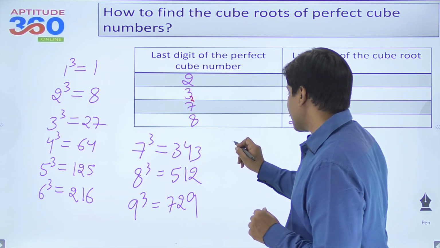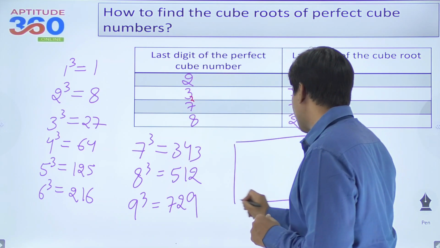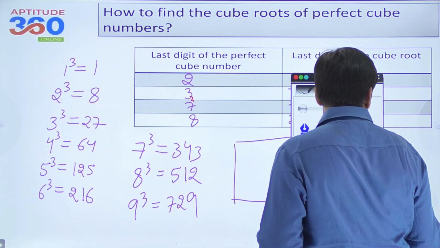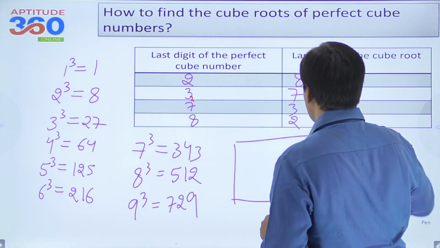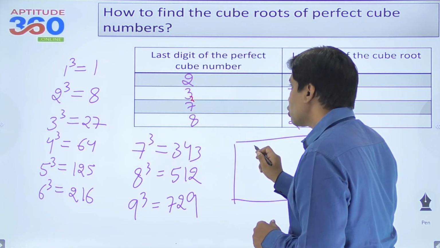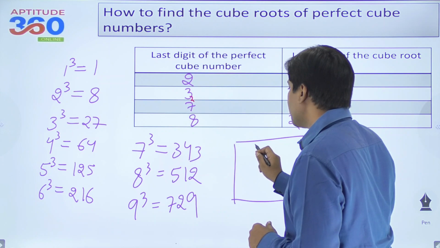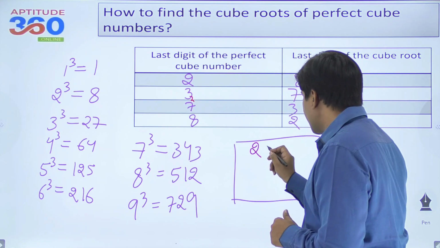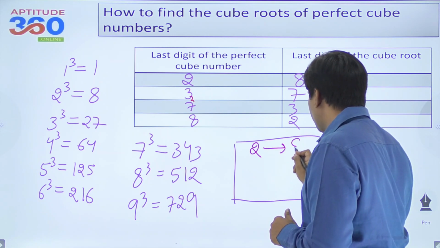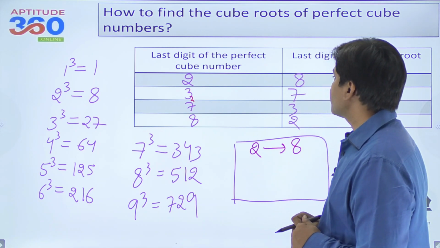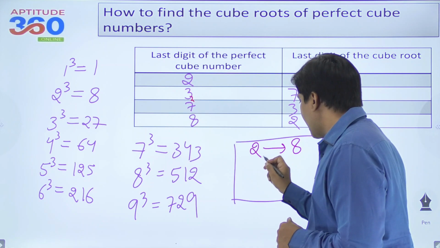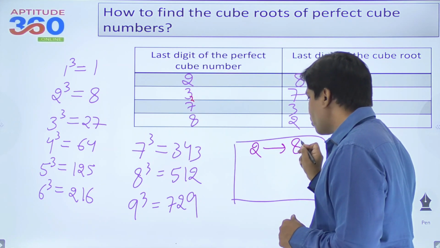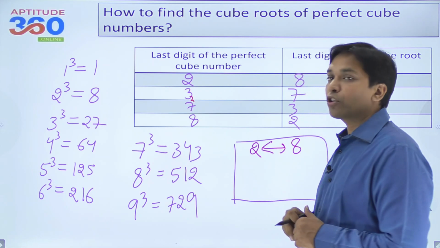So what is that we are understanding? Is this a very simple thing that you should understand out here with this discussion? That is, if your perfect cube number ends with 2, it is the perfect cube of a number that ends with 8. And if any number ends with 8, the cube root is going to end with 2.